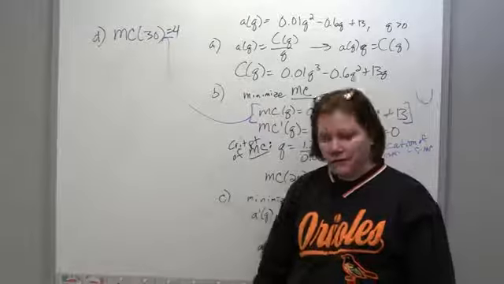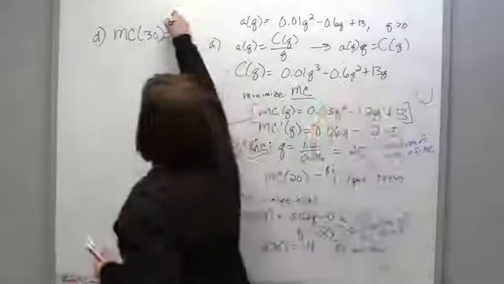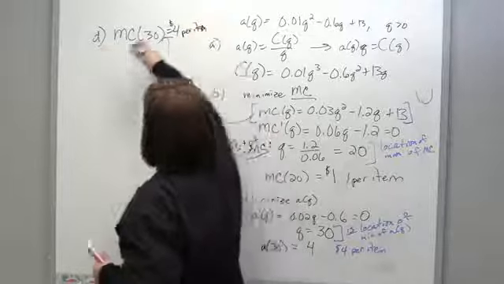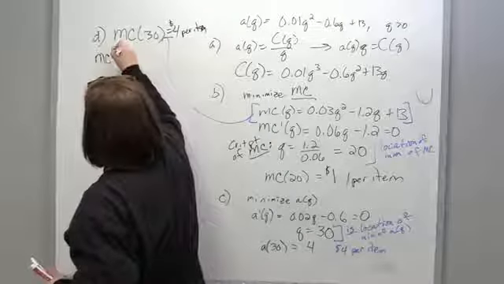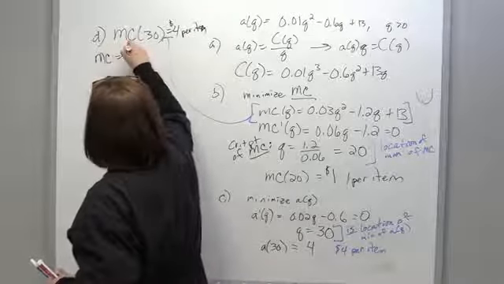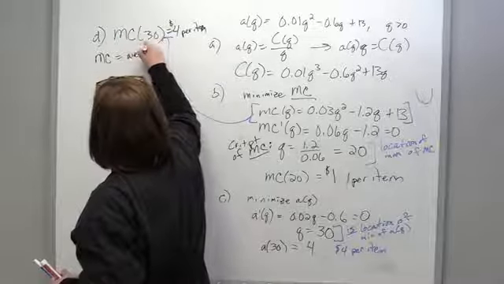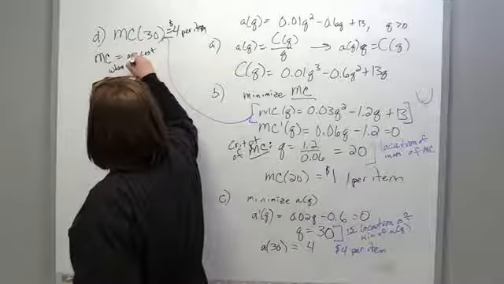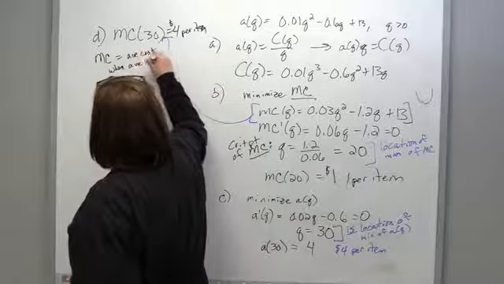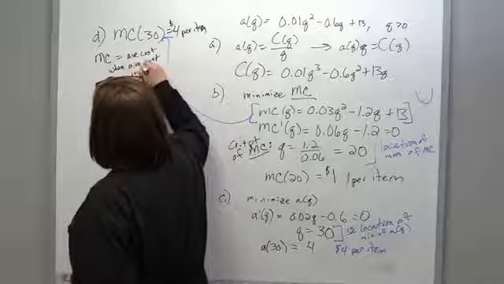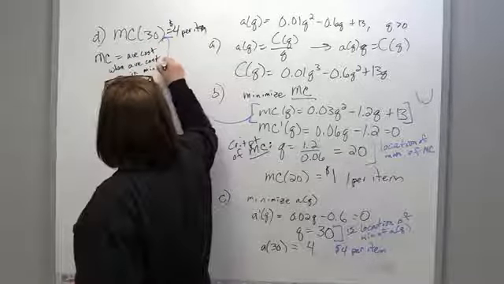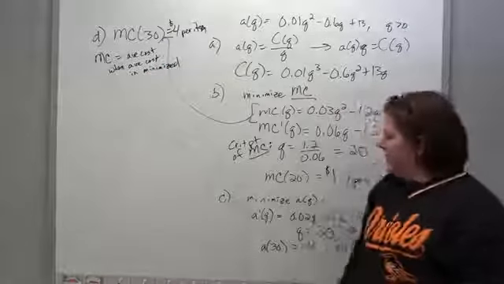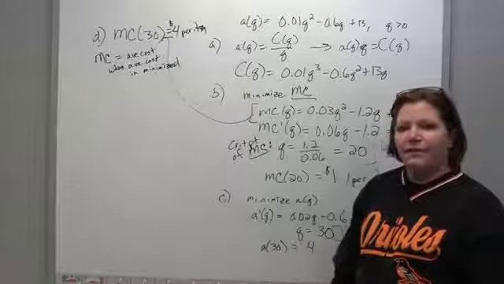We just showed that. This is $4 per item. So marginal cost equals average cost at the spot when average cost is minimized. That's a nice fact about average cost and marginal cost.